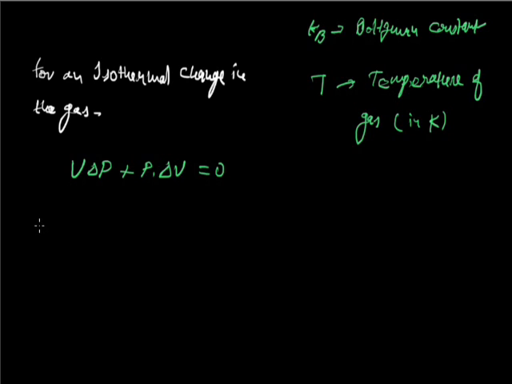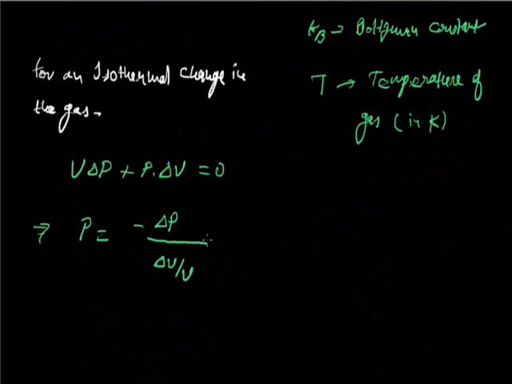And from the same relation we get P equals to minus delta P divided by fractional change in volume. Say this is equation number 3.